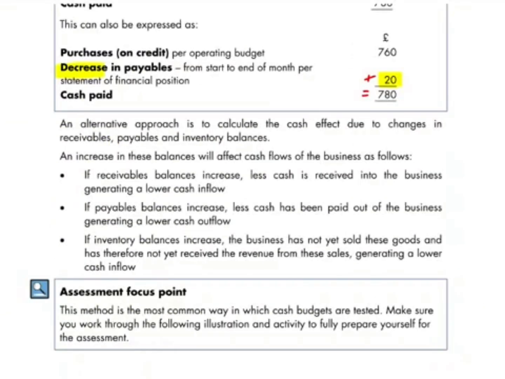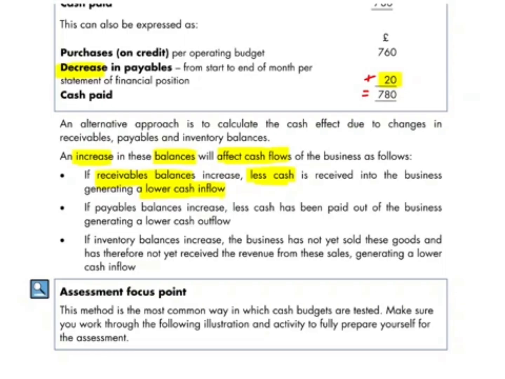We can summarize what's happening in illustration 1 by looking at what happens if those balances increase and the subsequent impact on the cash either received in or paid out by the business. So if any of those balances increases, this is going to be the effect on the cash flows. If we have an increase in the receivables balance, we are receiving less cash into the business, and therefore the business generates a lower cash inflow.